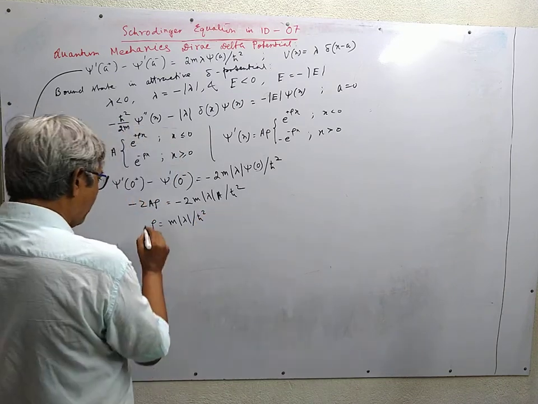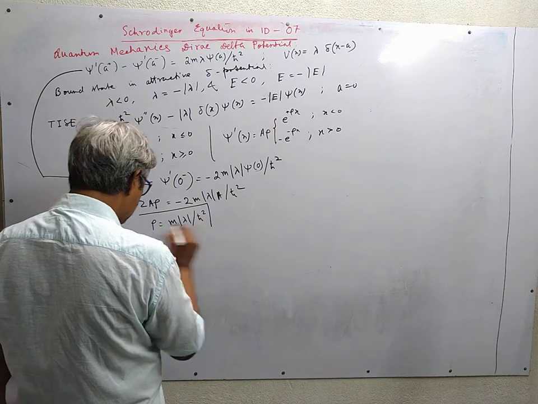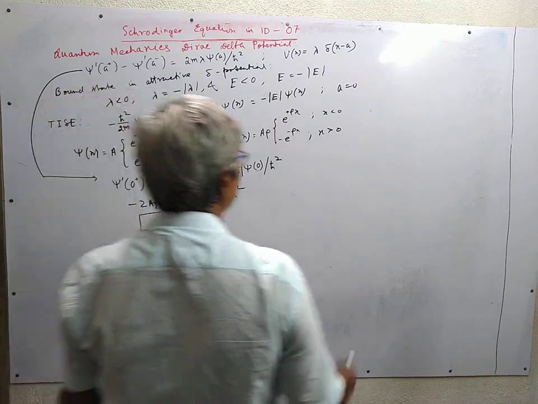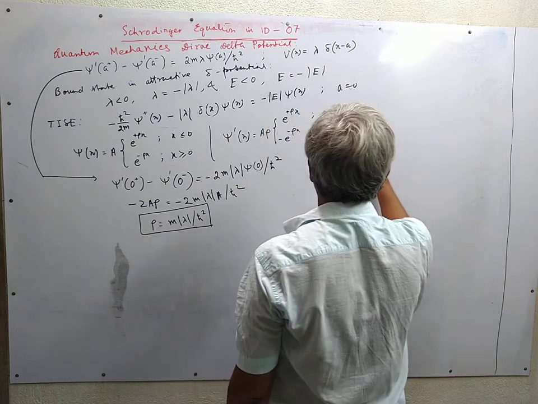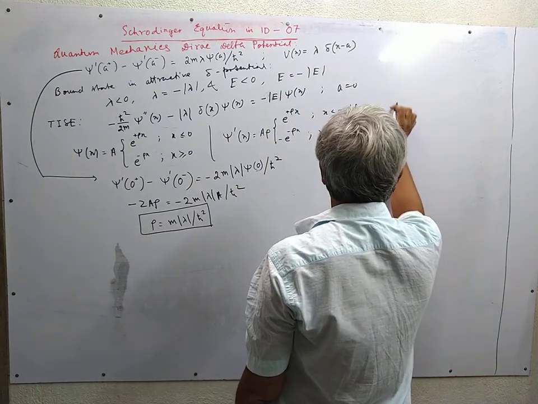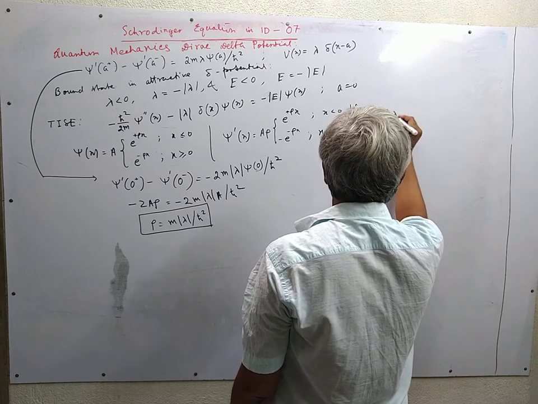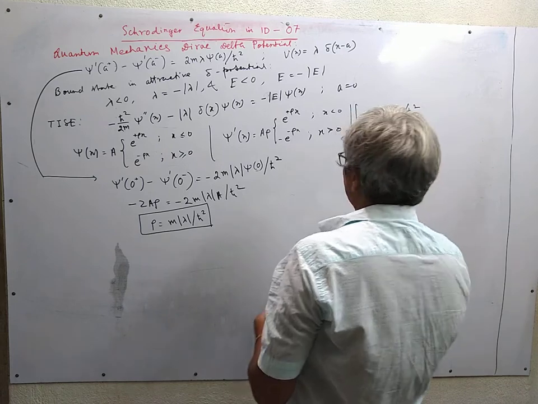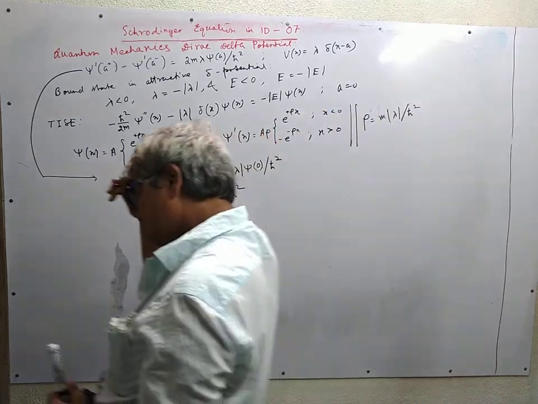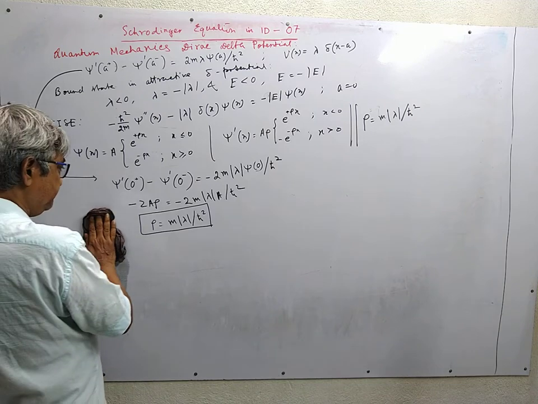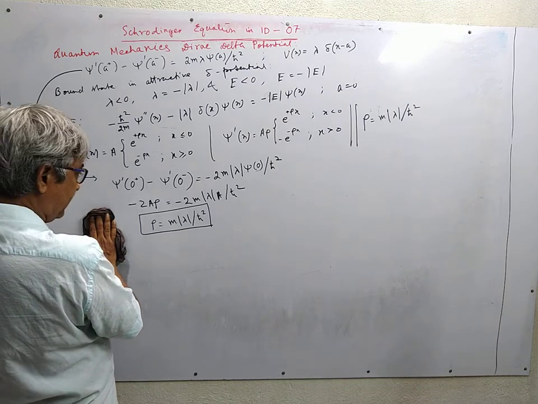This is the value of rho. So it is better to write rho here, m mod lambda by h line square.